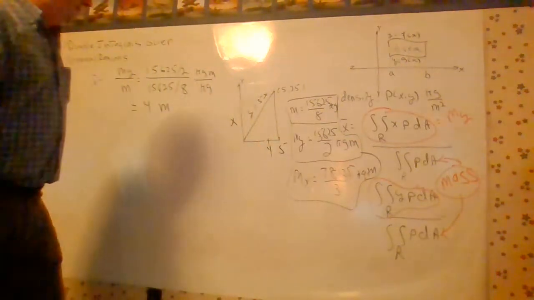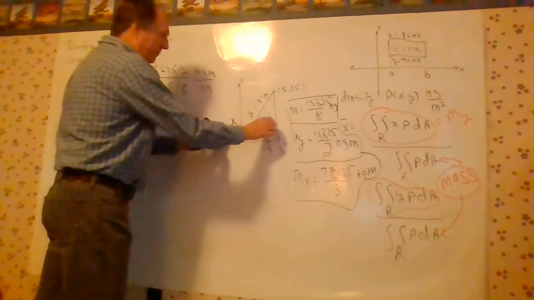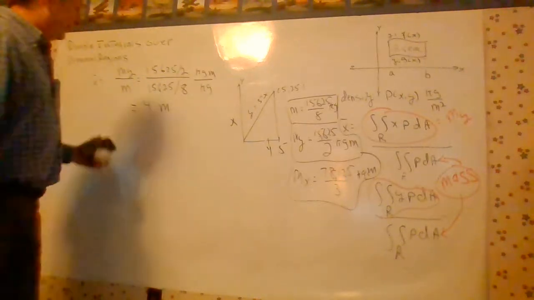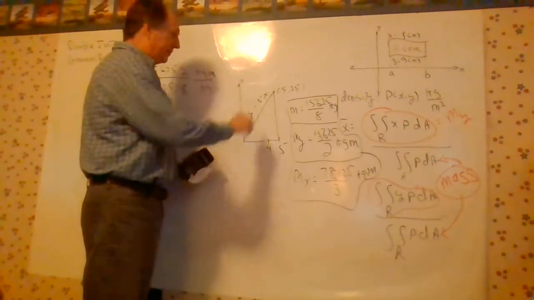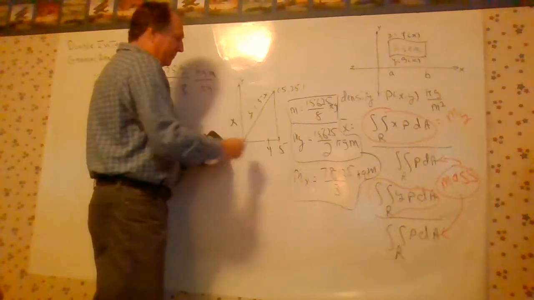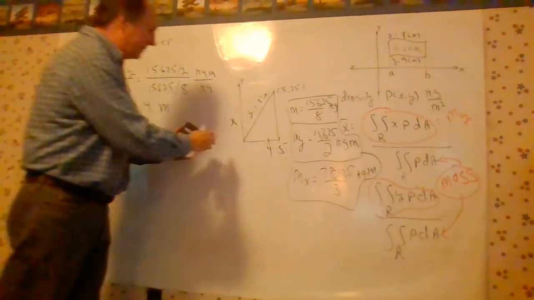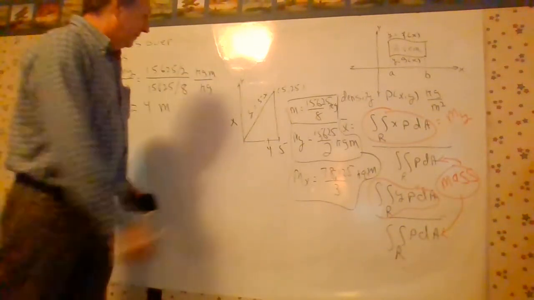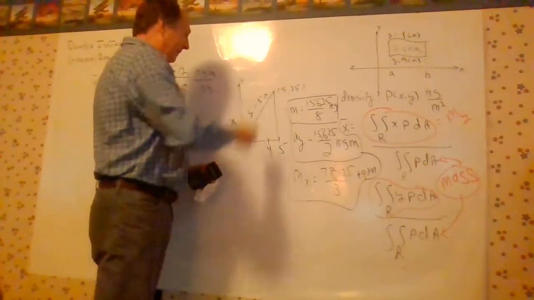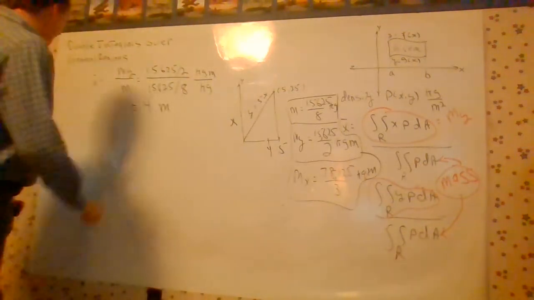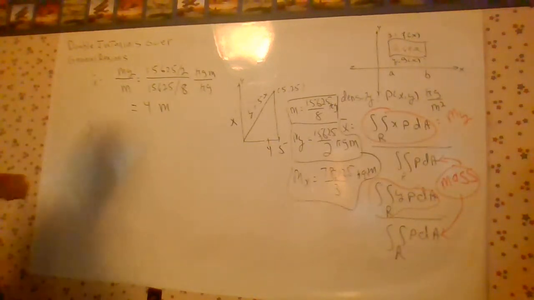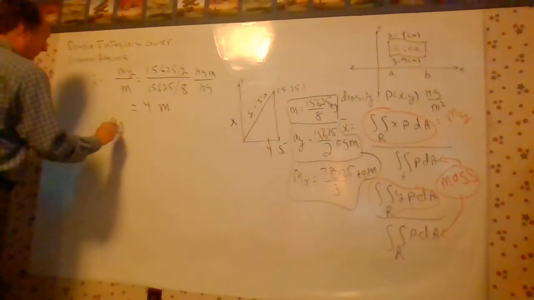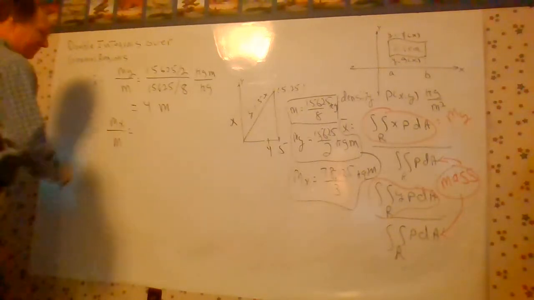There's 5. And it kind of makes sense that it's over here because the density is growing with x, jointly with x and y. There's more y up here. And of course, so we expect it to be over here. The y coordinate, better be up here somewhere. So y bar is equal to m sub x over m.